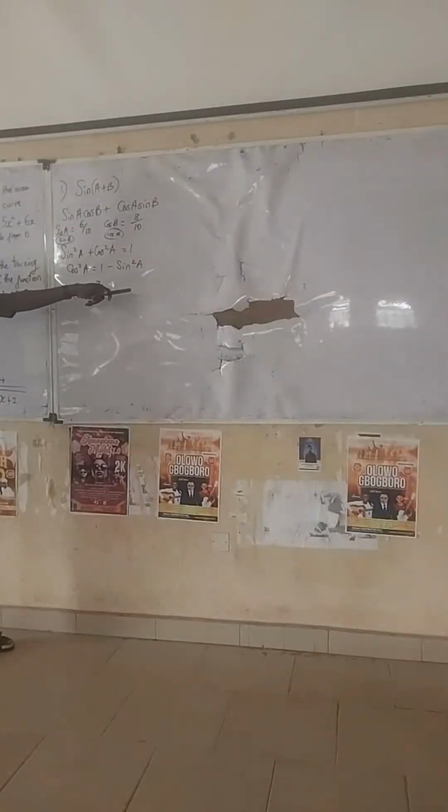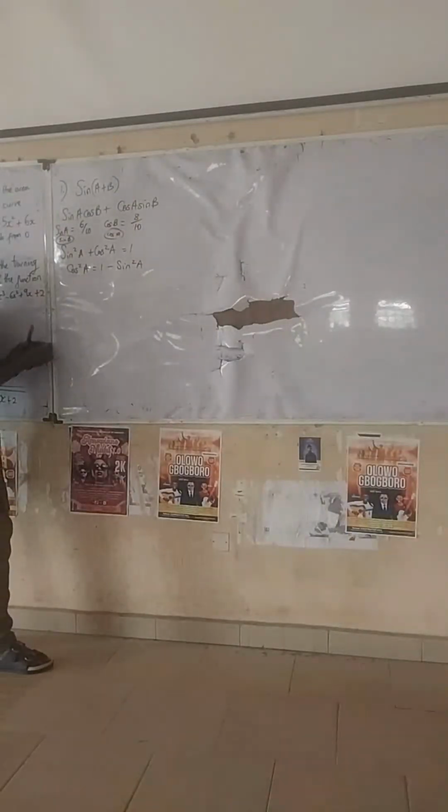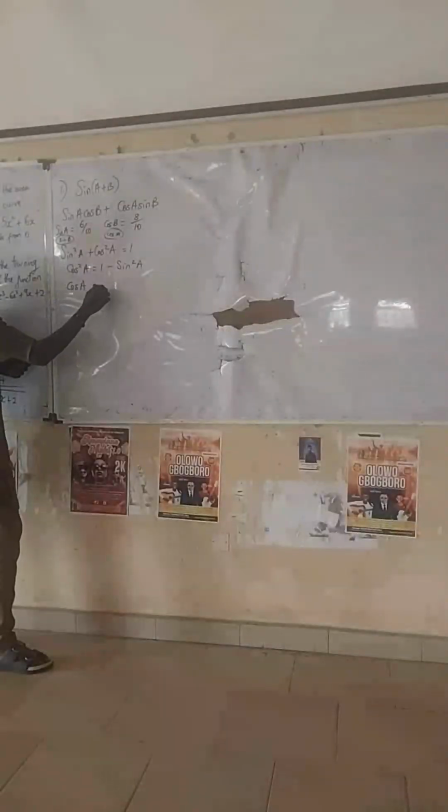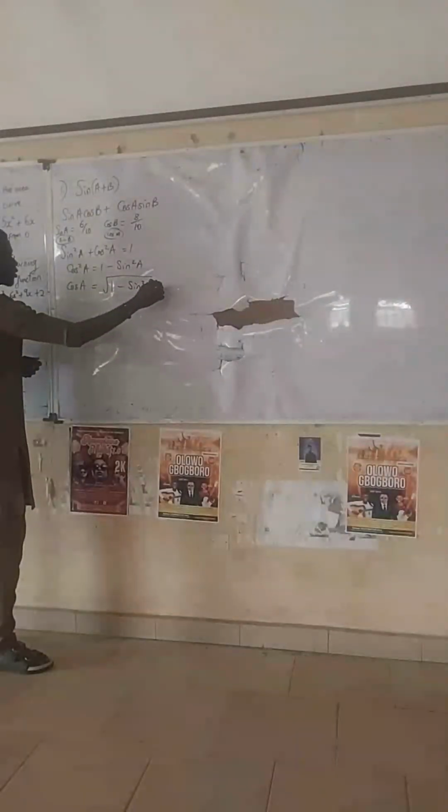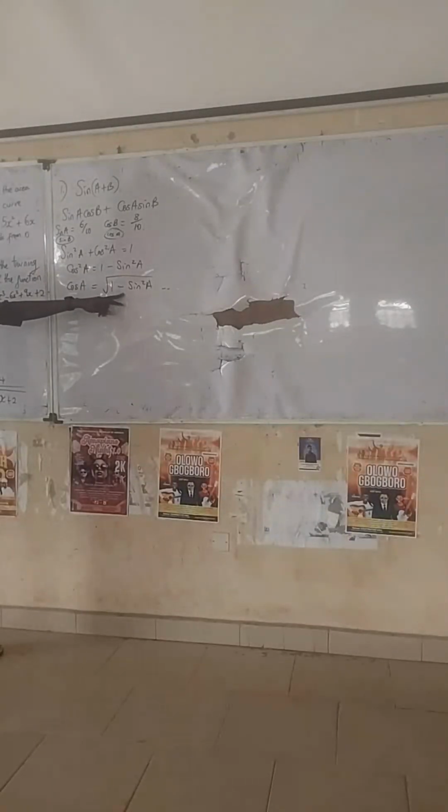We are going to have cos A equals the square root of 1 minus sine square A. So this will give us cos A, which we need in our calculation.